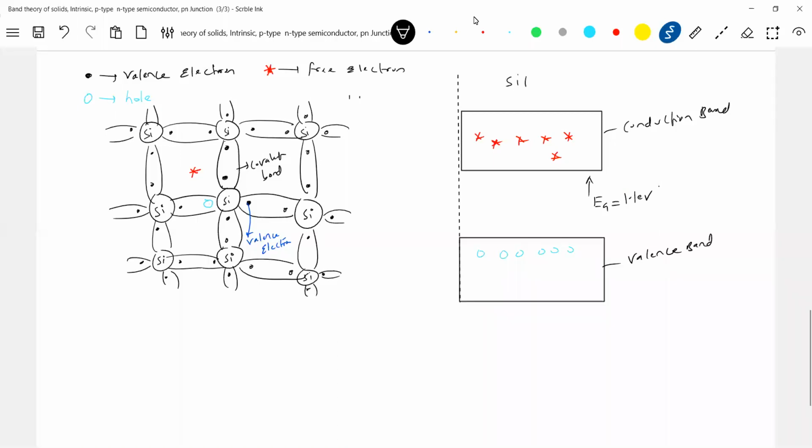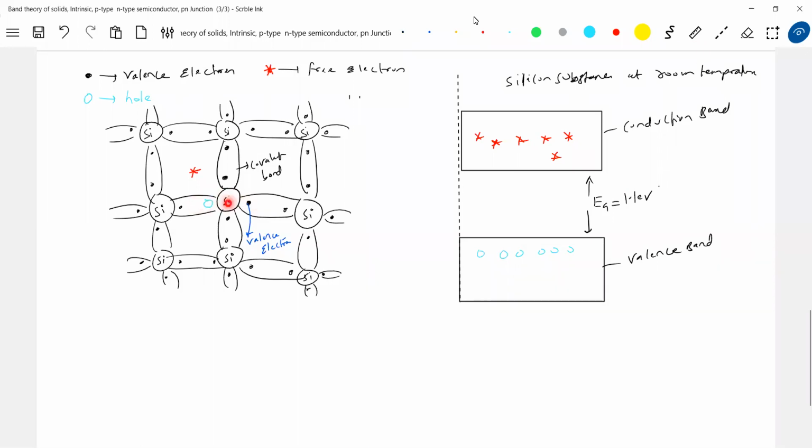So for a silicon substance at room temperature, the conduction band should not be empty. Why will these electrons come? Due to thermal agitation, these silicon atoms vibrate.